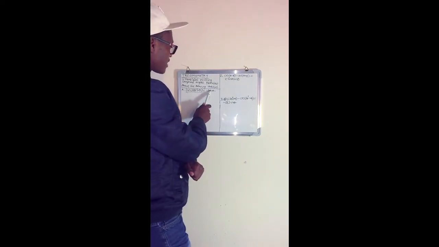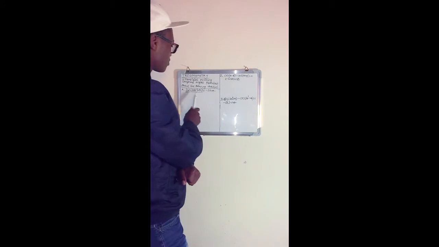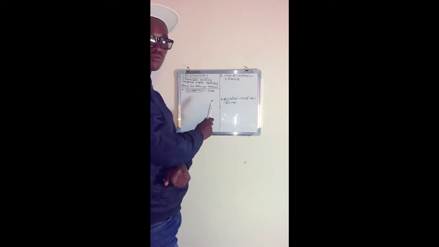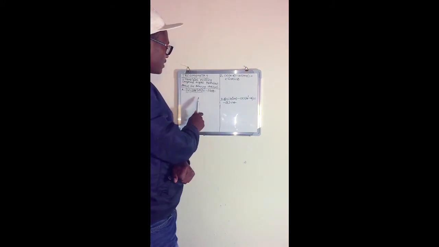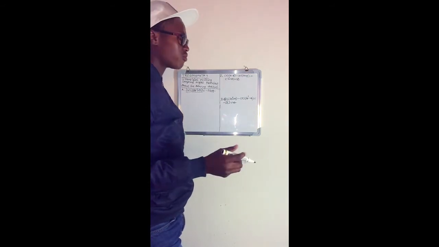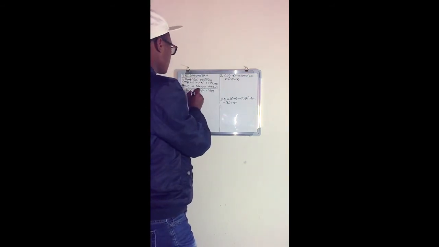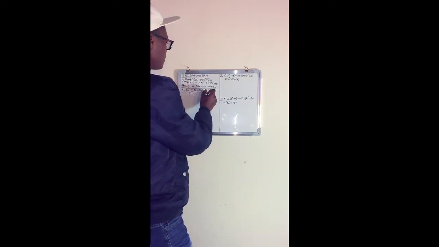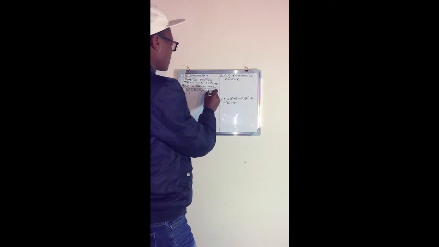Once we get minus sin theta, this identity is true. The left hand side is equal to the right hand side.